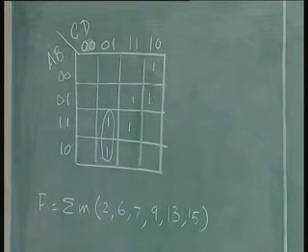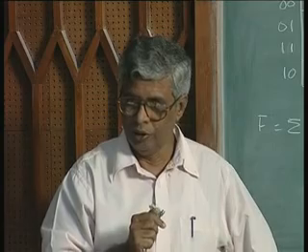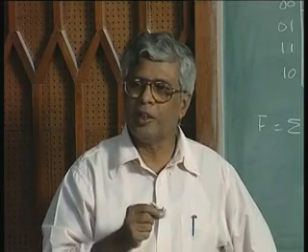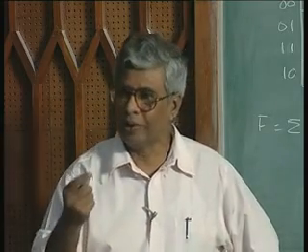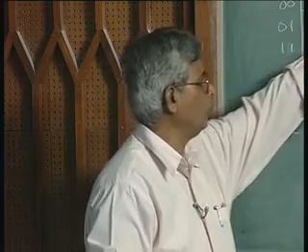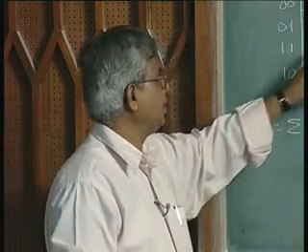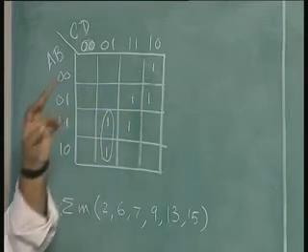You can cover a one more than once as long as it can result in a smaller group. If it is not going to result in a smaller group, there is no point in covering a one more than once. So in this case, this is going to be a group, this is going to be a group, this is going to be a group. All groups have two ones. So there is no point in unnecessarily doing this and doing this.